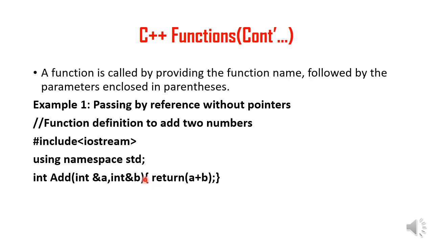Within the body of our function, inside the curly brackets, we have the following statement: return a + b. This function will return a value because its data type is int, not void. So we have a good definition of our function, respecting the syntax to define a function in C++.